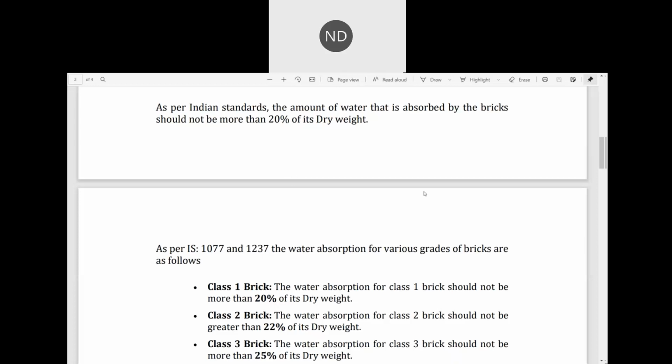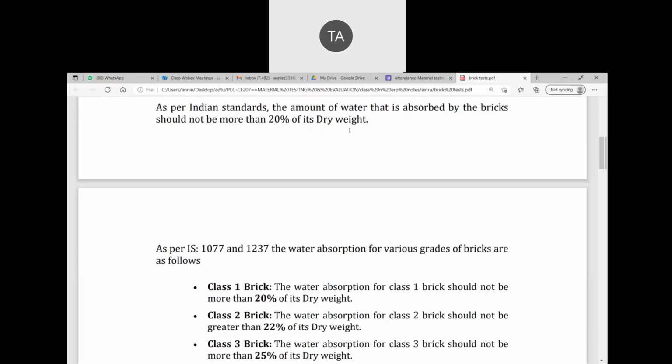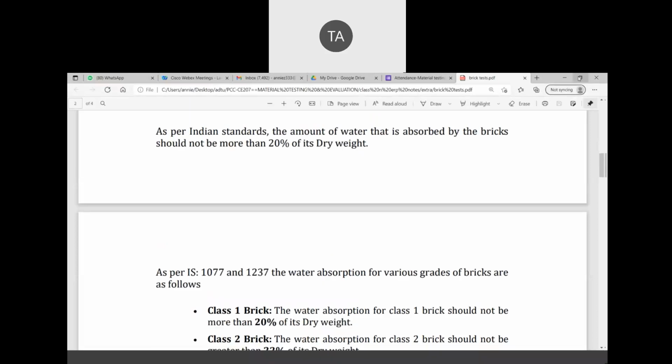Ma'am, please give some topics from the theory portions we should prepare for the viva examinations. Okay, let me share some important topics. Material testing means brick testing and concrete testing, how you do the concrete and sand tests.